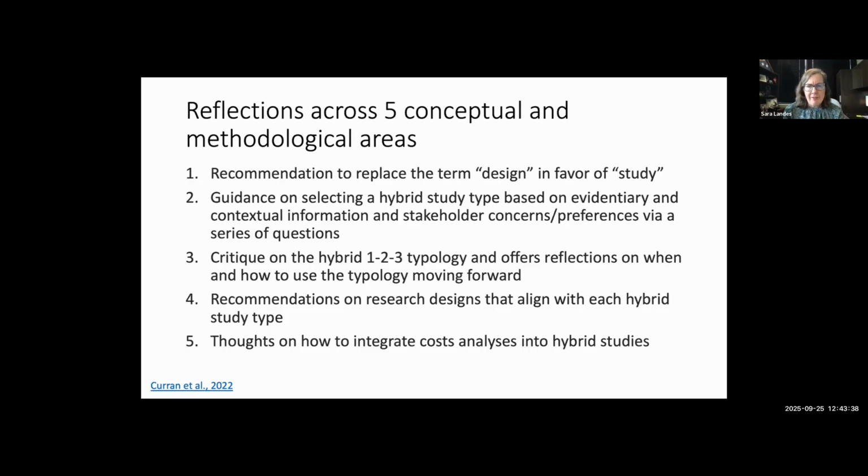And it gives you a series of questions, which I believe are on the next slide. And then it talks about problems we see with the hybrid typology. One of the things we tell people to do, it's really tough when you're reviewing a grant, if you say it's a hybrid and you don't say which type it is.